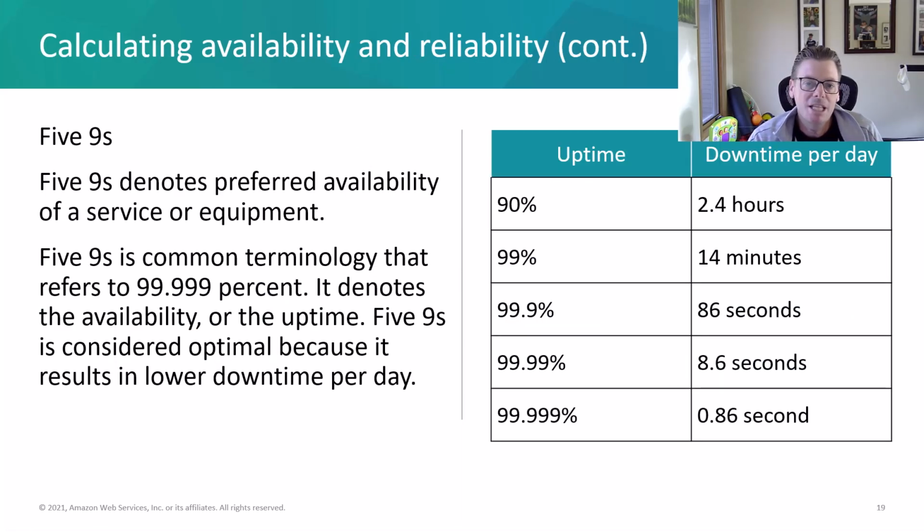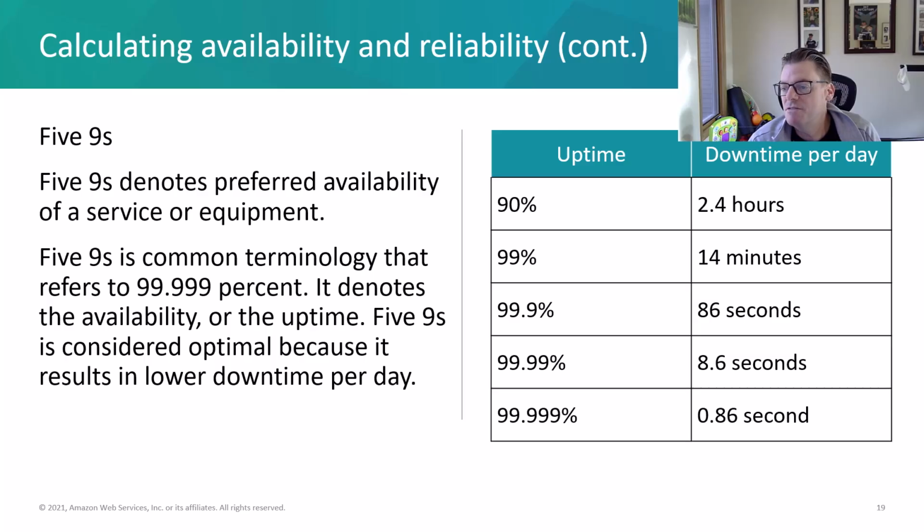So I thought about taking this slide out, but I left it in because this expresses the nines of availability in downtime per day versus downtime per year. I thought it would be interesting to look at it from that perspective. With 5 nines, which is the bottom line here, it's less than 1 second per day of downtime.